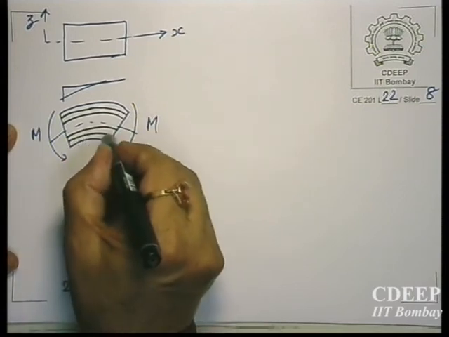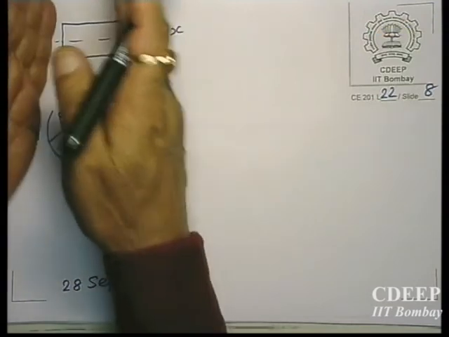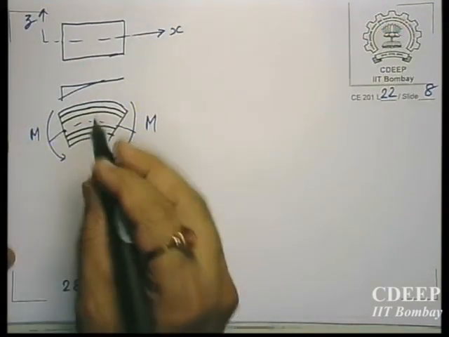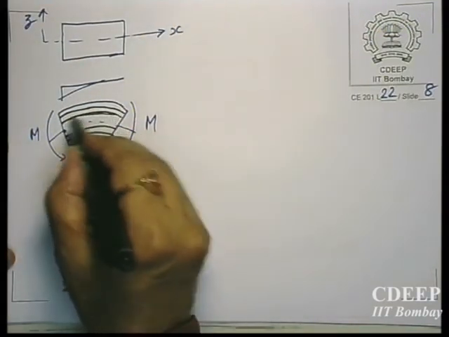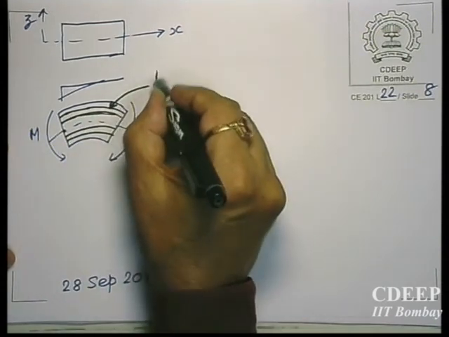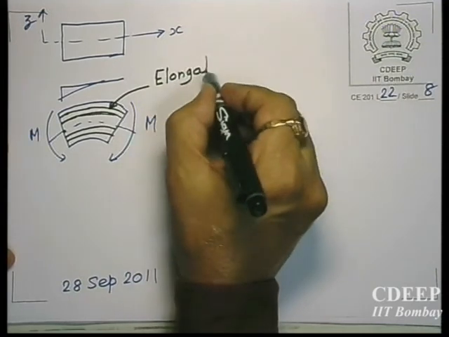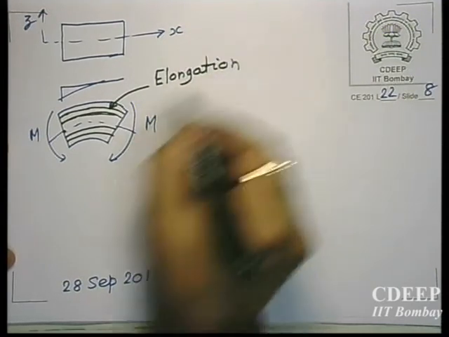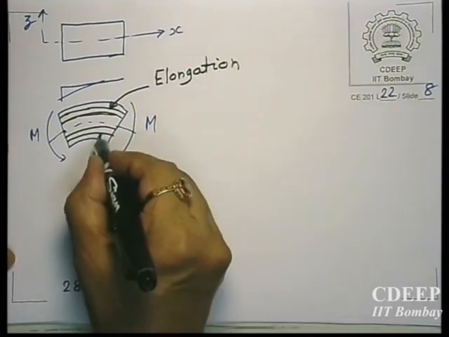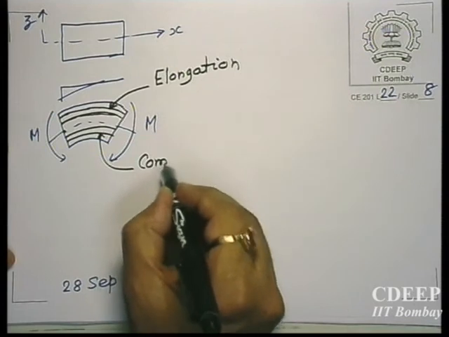some are getting elongated. Originally this is the length. Now here you will find these will be in tension, that means this will get elongation. And the fibers which are below a certain line are getting compressed, they are getting shortened.